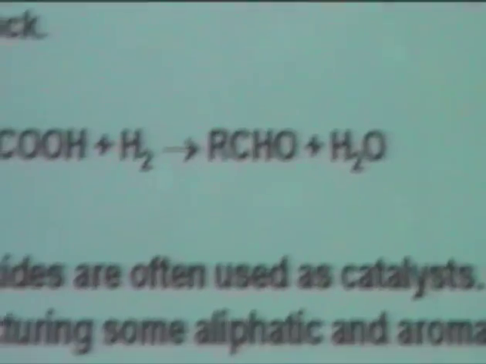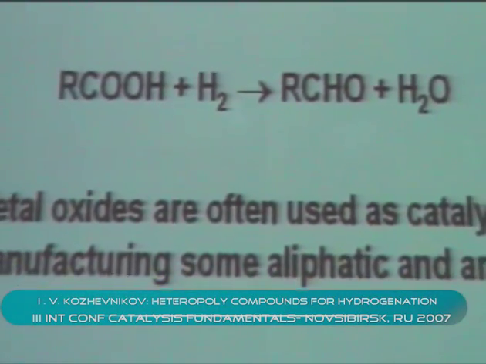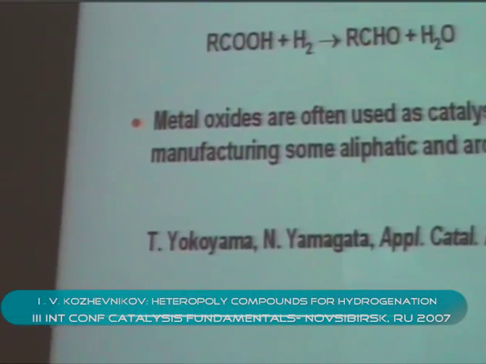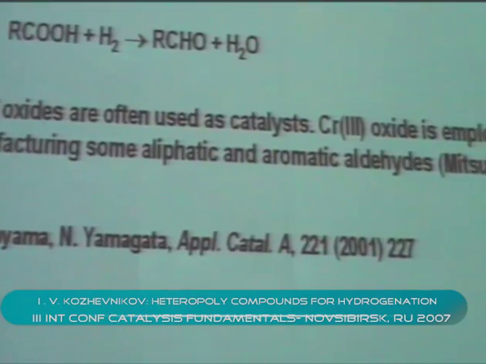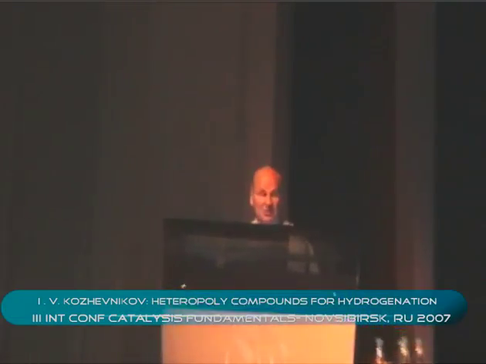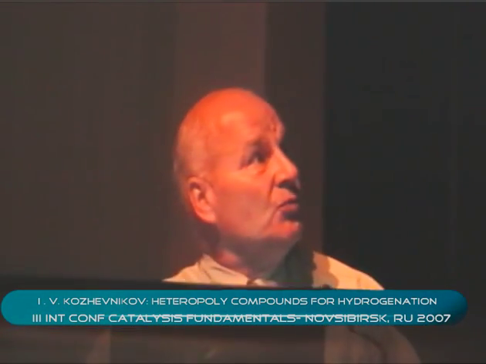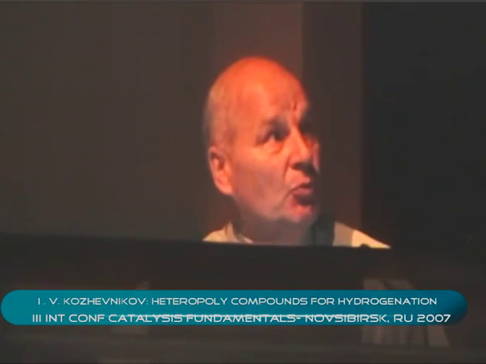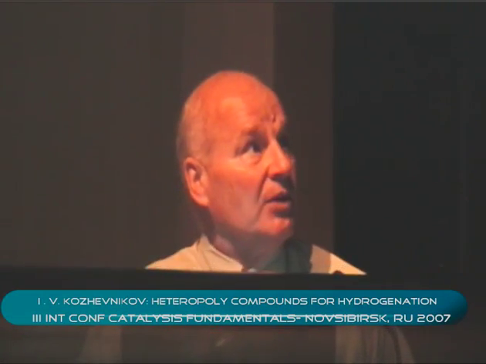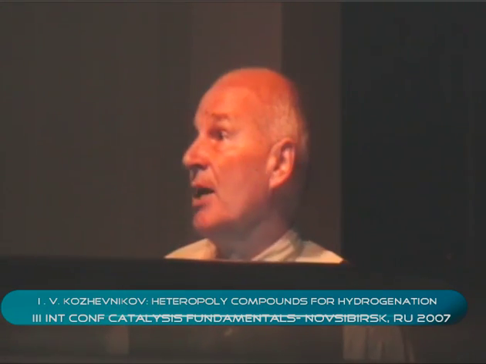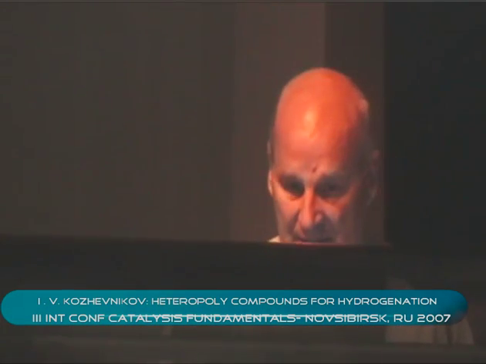Hydrogenation of carboxylic acids by heterogeneous catalysis in vapor phase is a leading route to aldehydes using inexpensive and readily available carboxylic acids as feedstocks. Metal oxides are often used as the catalyst, and chromium oxide is employed for manufacturing aliphatic and aromatic aldehydes by Mitsubishi in Japan.